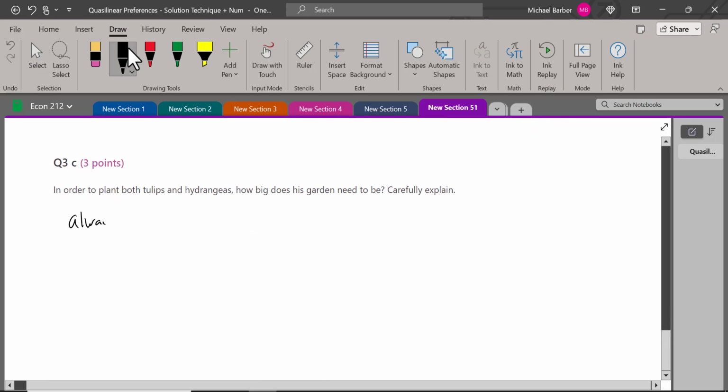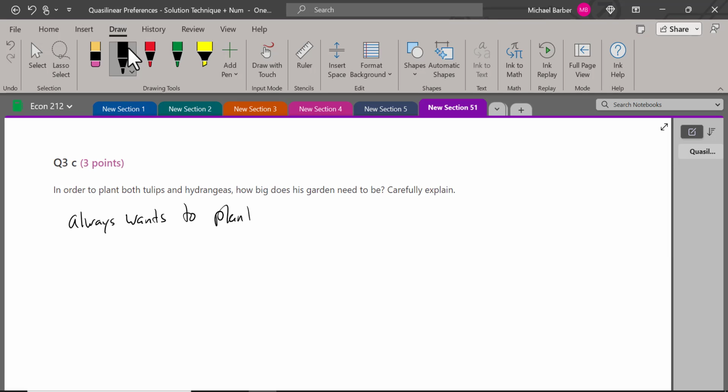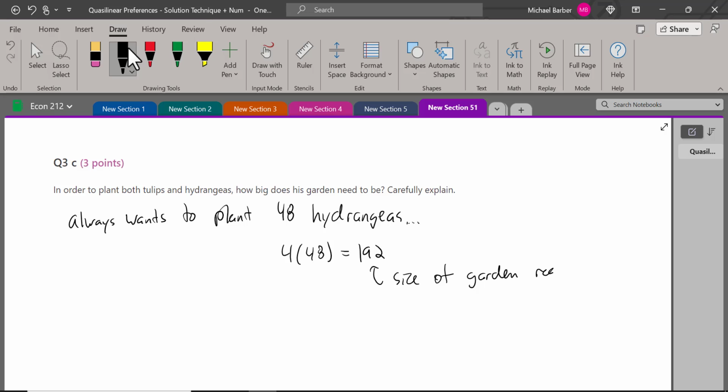So he always wants to plant 48 hydrangeas, so a garden would need to be 192 feet. This is the size of the garden required to plant 48 hydrangeas.